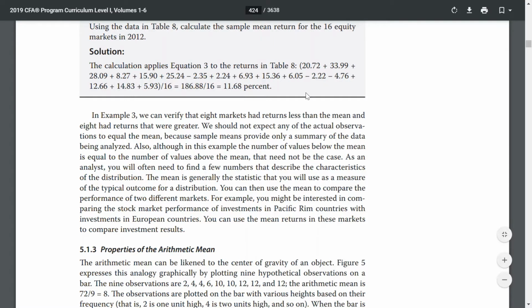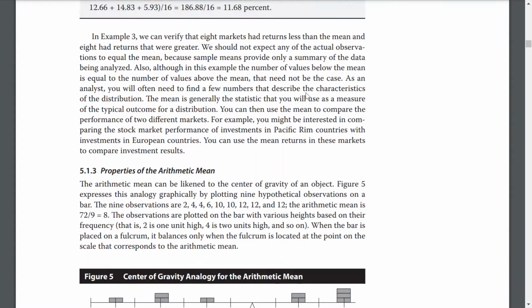In Example 3, we can verify that 8 markets had returns less than the mean, and 8 had holding period returns that were greater. We should not expect any of the actual observations to equal the mean, because the sample mean provides only a summary of the data being analyzed. Also, although in this example the number of values below the mean is equal to the number of values above the mean, that need not be the case.